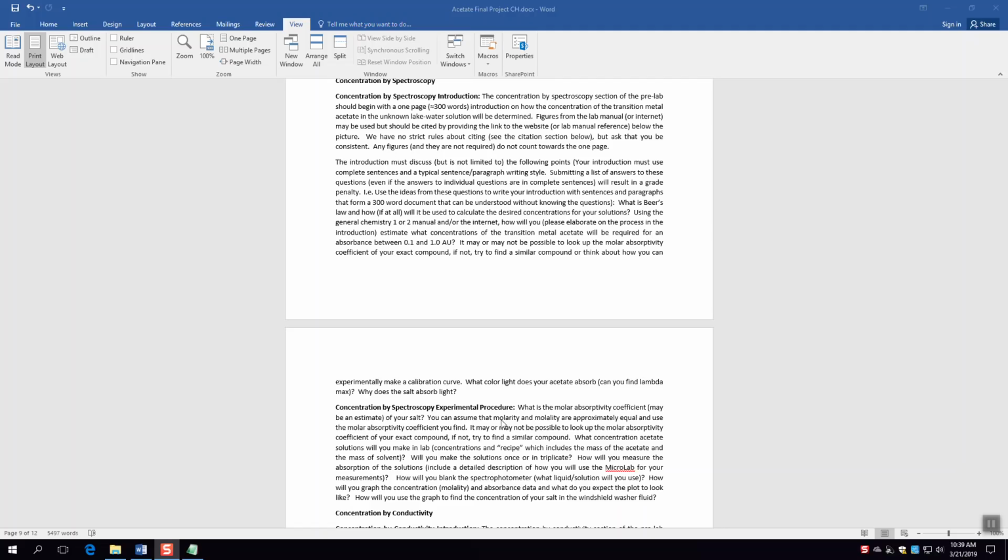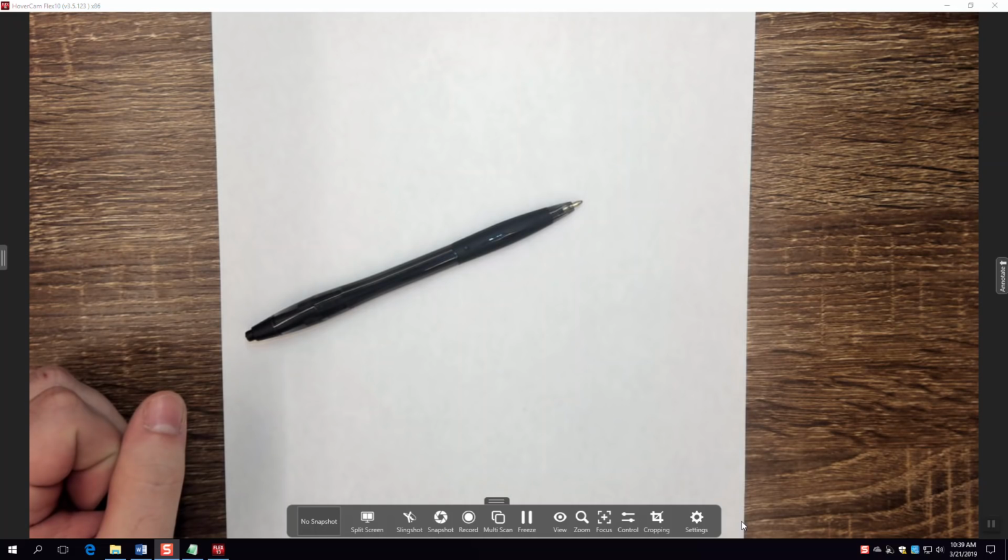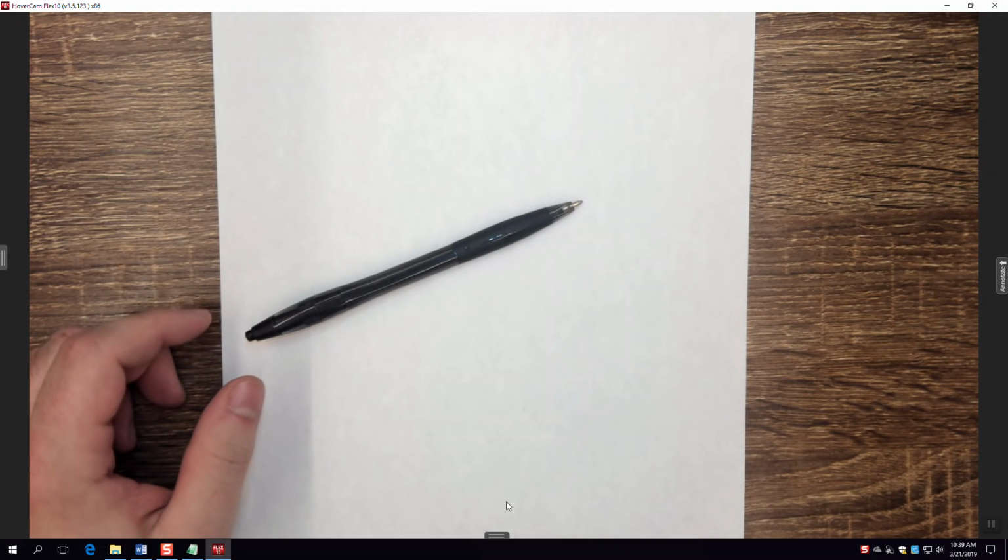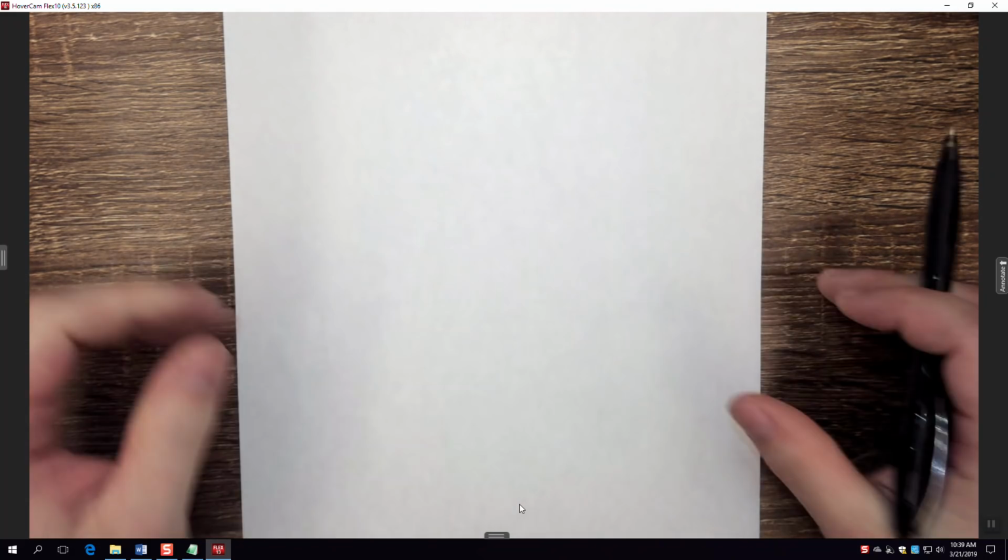So the first thing that I'm going to recommend to you is that you make a stock solution. So what solution are we going to make for this experiment? Rather than have you guess at what the stock solution should be, I'm going to give you some values for a stock solution that you can make in the lab.